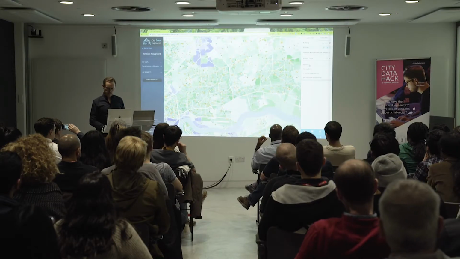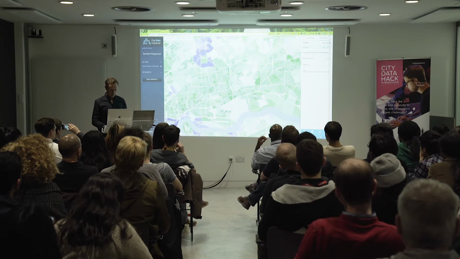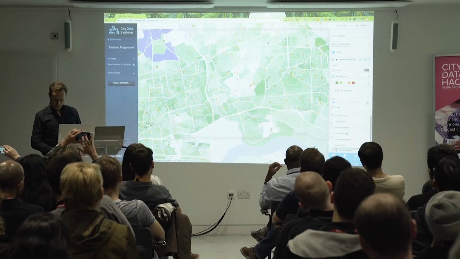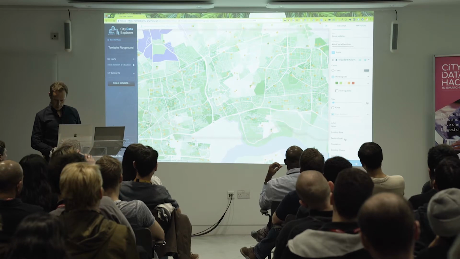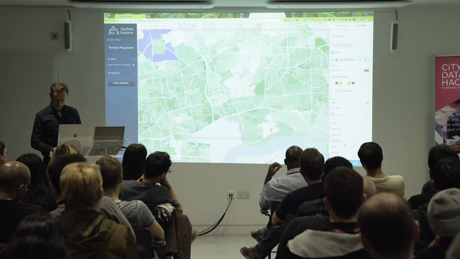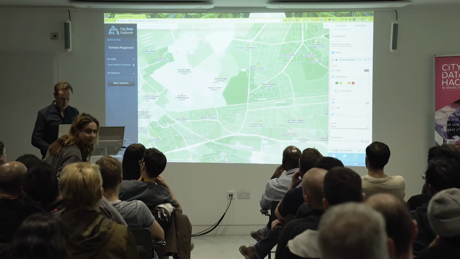What I'm doing here is I'm adding a filter because I'm just interested in buildings that have an education theme. And we're going to switch back to the map, and we are going to add a label with the name. So here we've got schools in Barking overlaid on social isolation.